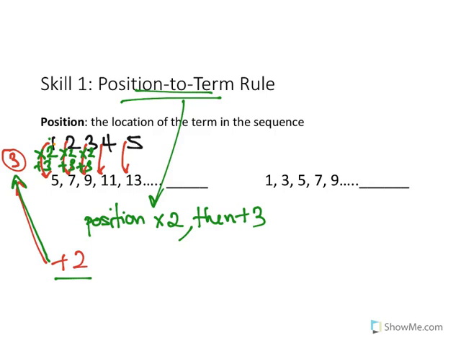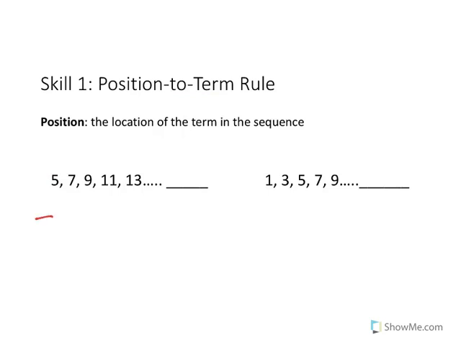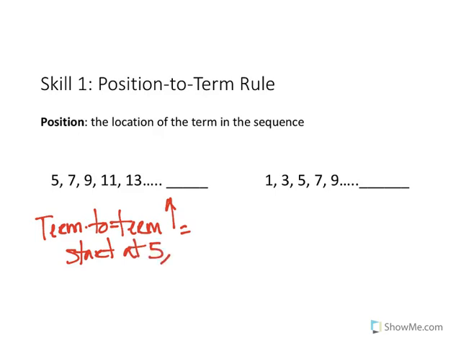So it's very different from term to term. In contrast, the term to term rule for the sequence above is to start at 5, then add 2 each time.